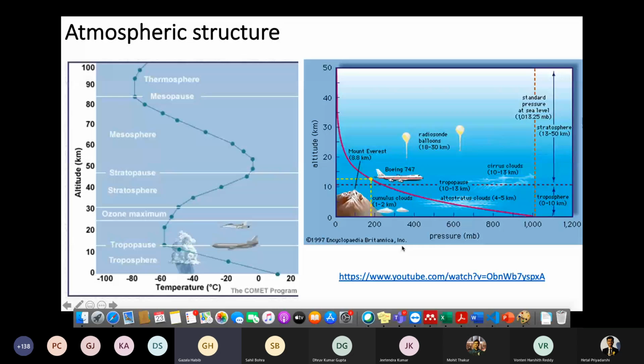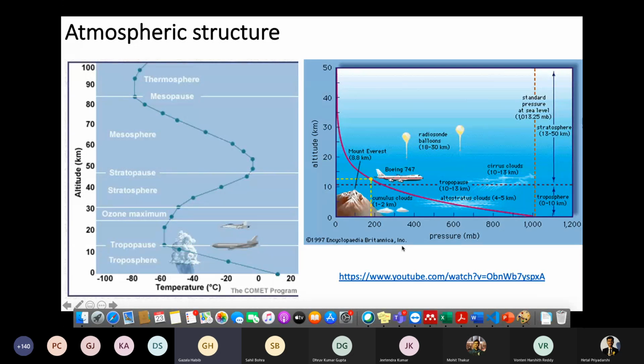Right. So in the troposphere, long wave radiation emitted by earth is responsible for temperature change, and that is why it is decreasing with height. In the stratosphere, ozone, which absorbs the UV radiation, is responsible for change in temperature.